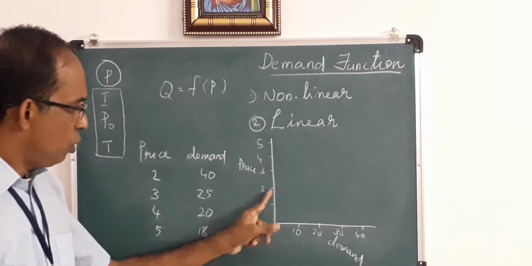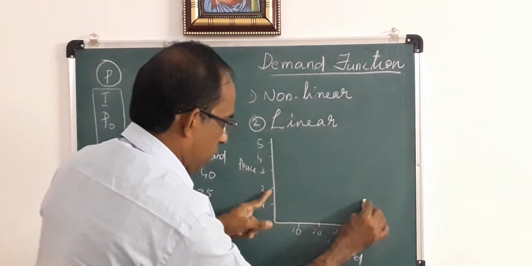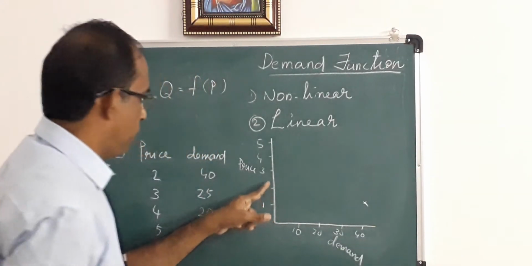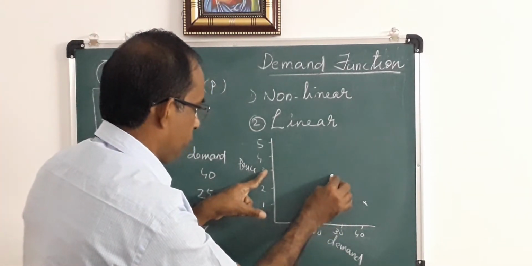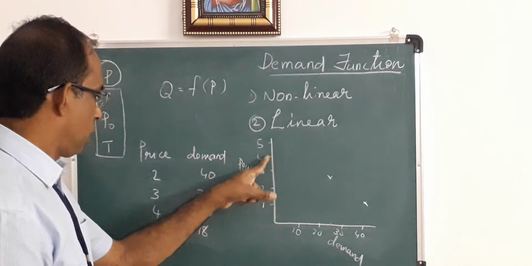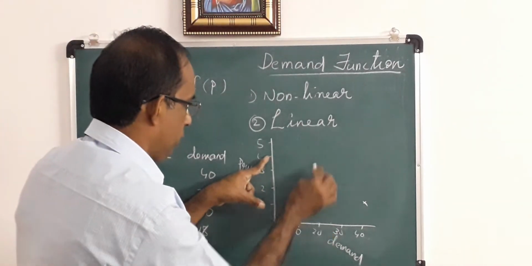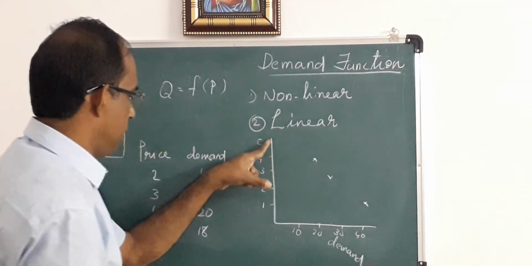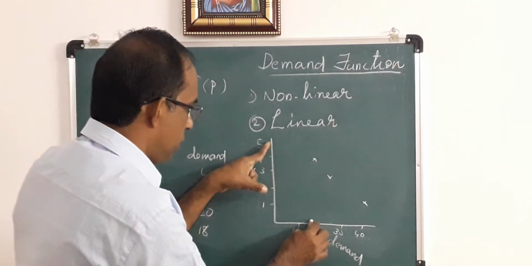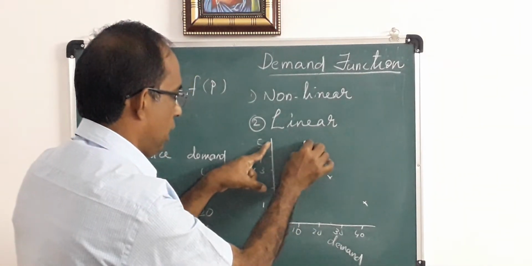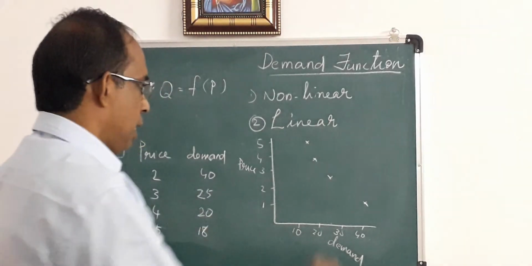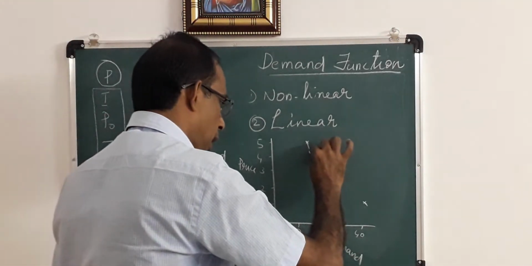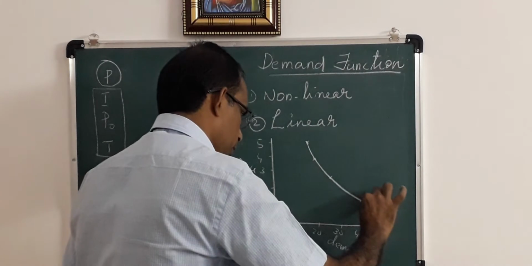At price 2, demand is 40. Then at price 3, demand is 25. At price 4, demand is 20. At price 5, demand is 18. These are the demand points, and join these points by a freehand curve.